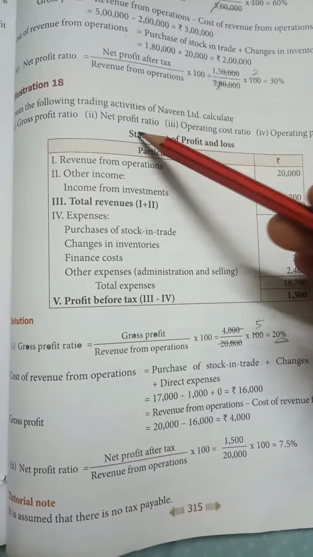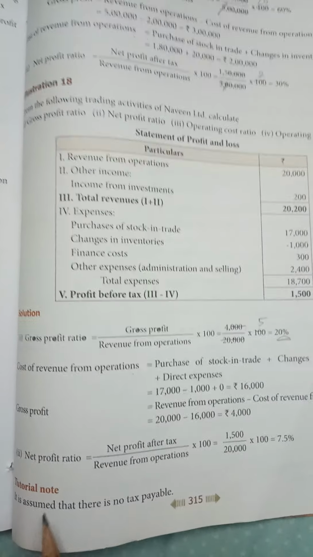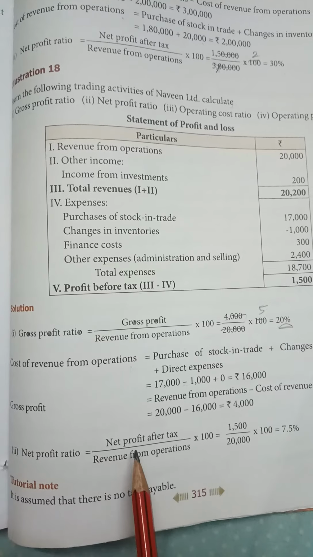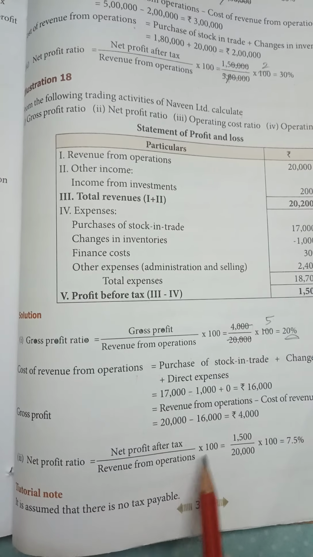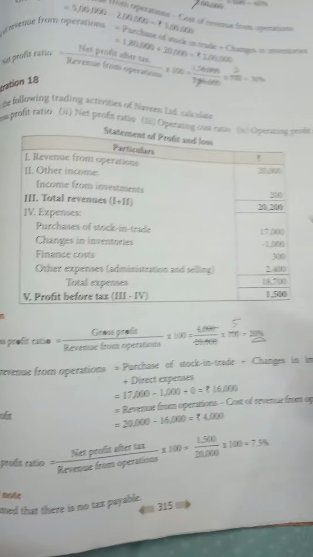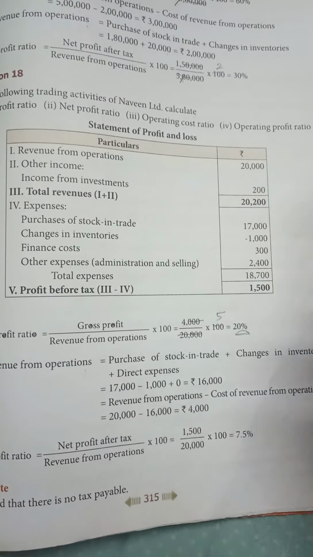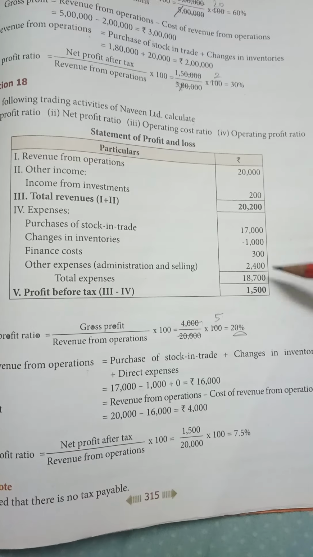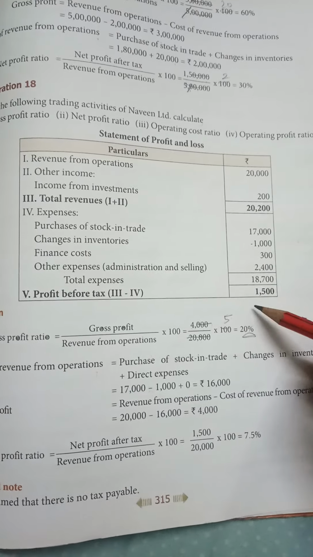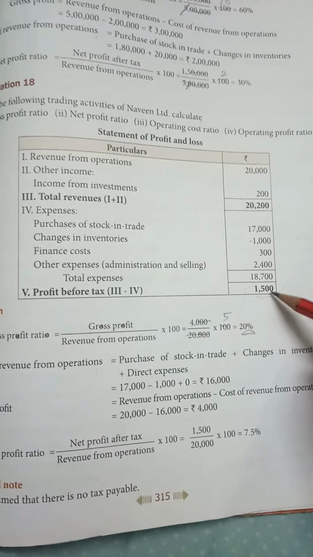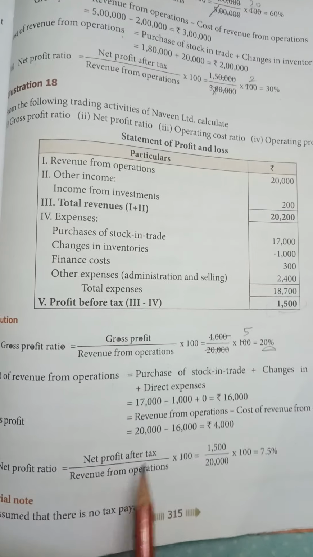Okay, the next one is net profit ratio. Net profit ratio is equal to net profit after tax divided by revenue from operations into 100. Since there is no tax given here, or they didn't give us any percentage for calculating tax, we can take this amount before tax as net profit after tax.